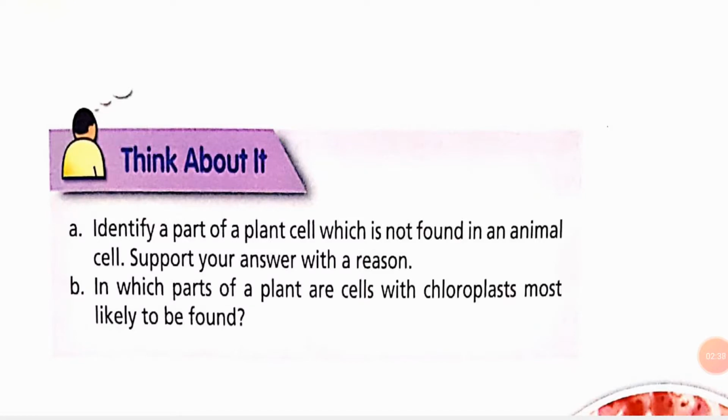The next thing is think about it. In think about it, two questions are given here. The first question is identify a part of the plant cell which is not found in an animal cell. Support your answer with reason. This think about it is given on page number 9.